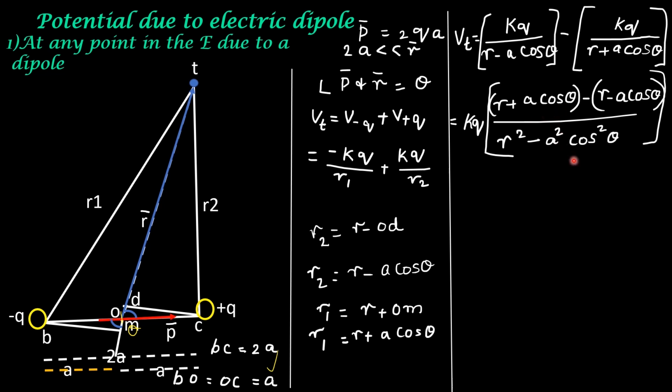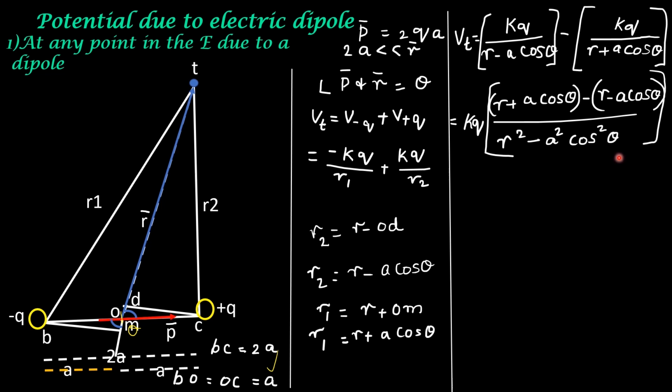In the denominator, we know that the value of A is very, very small, because 2a itself is very small. So a square becomes further small, and a square cos square theta is very small. So it can be simply neglected. R square minus a square cos square theta can be taken as r square in the denominator.